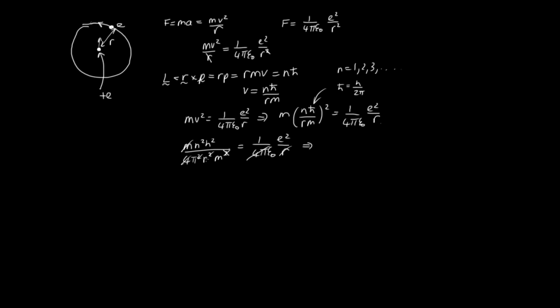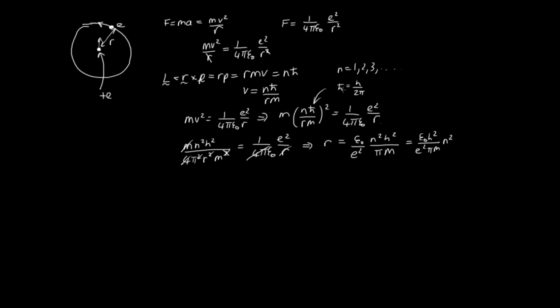Rearranging and making r the subject, r is equal to what was left on this side inverted. So we've got epsilon naught over e squared, and then times n squared h squared over pi m. So the radius is equal to epsilon naught h squared over e squared pi m times n squared.